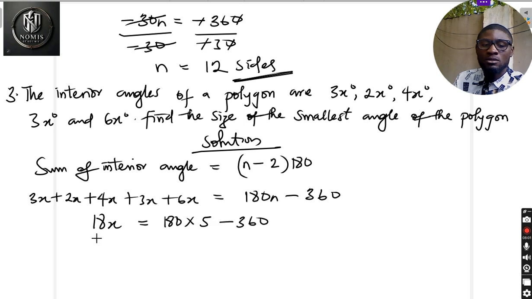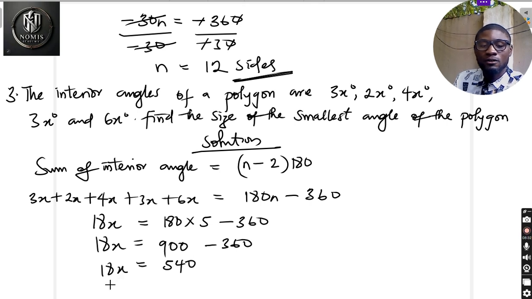So 18x is equal to 180 multiplied by 5 minus 360. So 180 multiplied by 5: 5 times 0 is 0. 5 times 8 is 40, we write 0 and keep 4. 5 times 1 is 5, and then 5 plus 4 is 9. So we have 900 minus 360. So 18x is equal to 900 minus 360, which is 540.